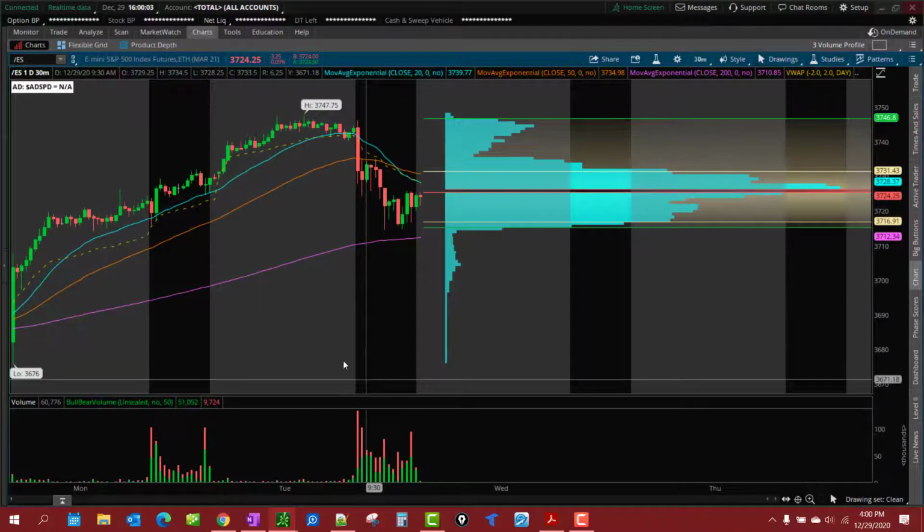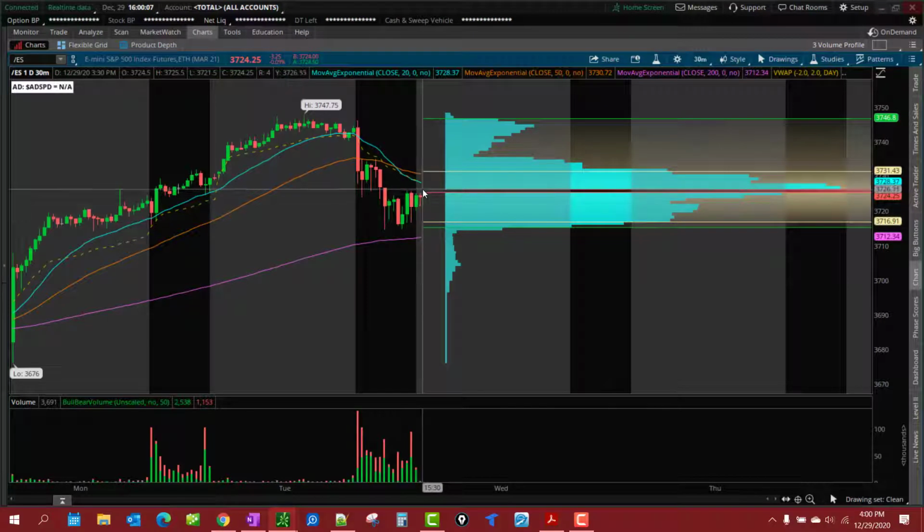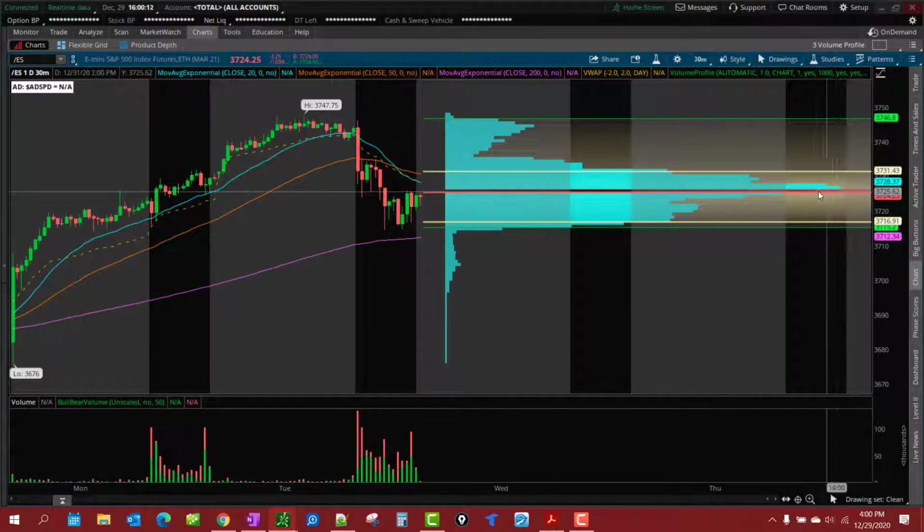But anyhow, the point of control is the value area where the most trades have happened at this certain price, and it's the area of the most volume. It is also known as the magnet.